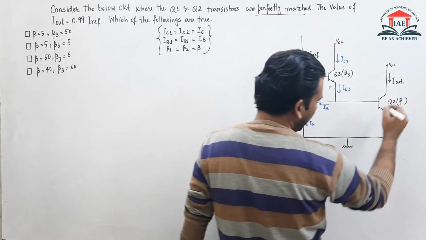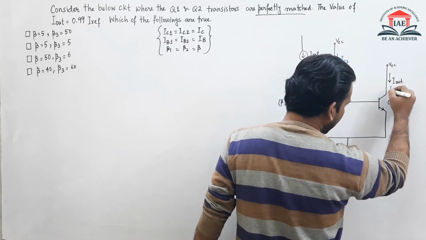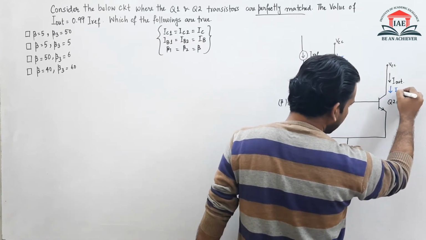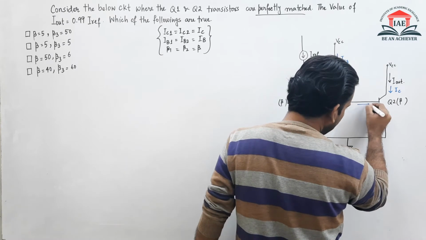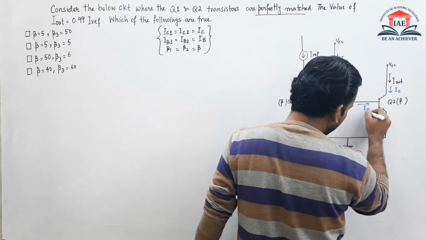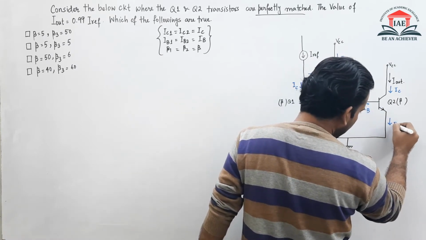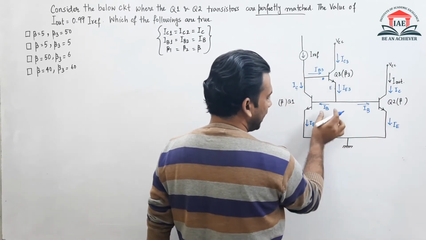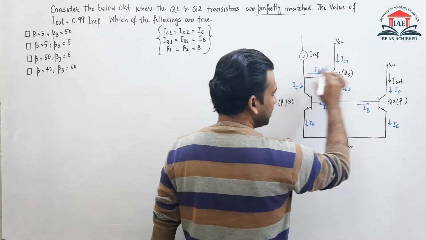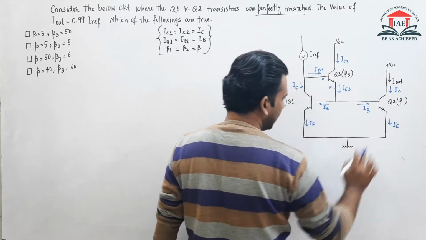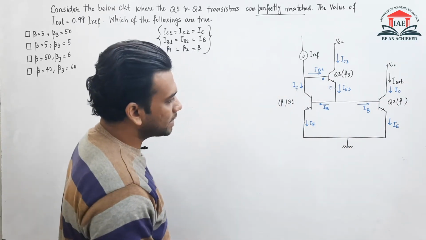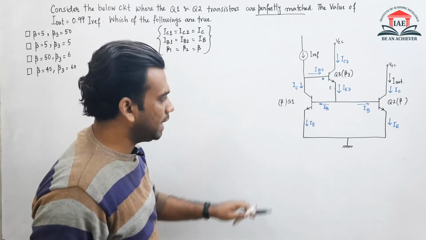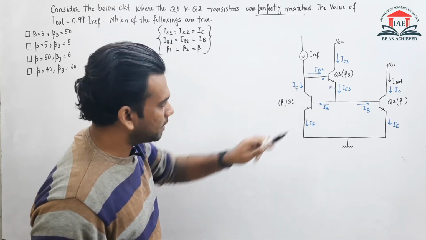Similarly, for the Q2 transistor I can denote the IC current here, the IB current here and the IE current here. Both Q1 and Q2 are matched, so IB and IB are the same, IC the same, IE the same. So this is the current direction and the current components you can denote in this circuit.